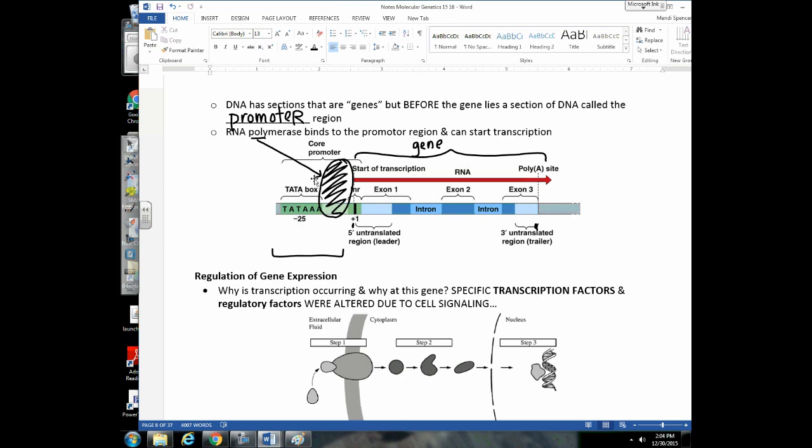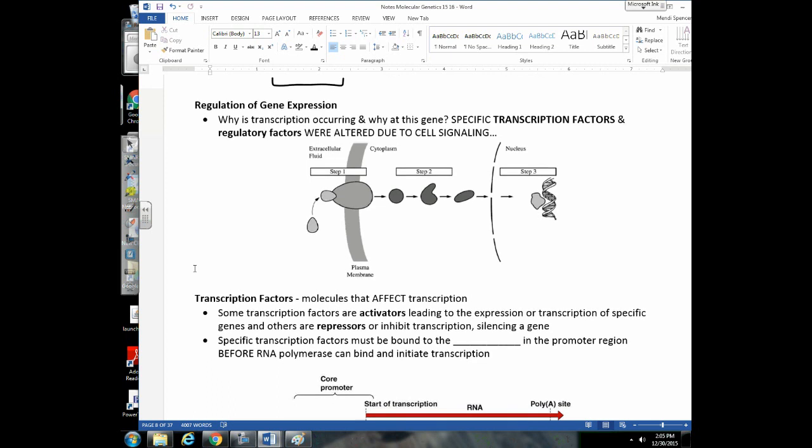But first, let's relate this idea of transcription to some ideas that we talked about with cell signaling in the past. So the question is, why is that gene being transcribed? So why is RNA polymerase now binding to that promoter region and transcribing that gene? Well, let's go back to this diagram that you were shown on a previous test. And this diagram has to do with cell signaling.